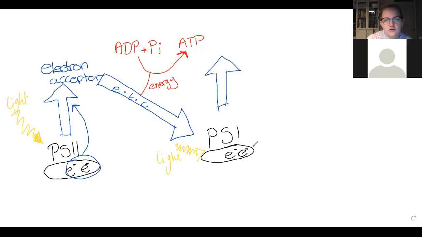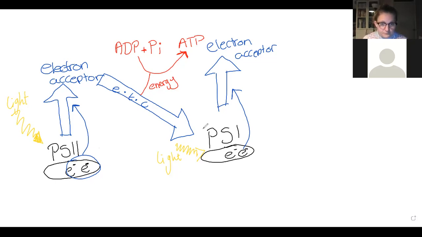Again, it's two electrons. Remember, they are replaced by the ones over here. The electrons that have come from PS2 replace the ones that are lost in PS1, so that makes it partially cyclical.